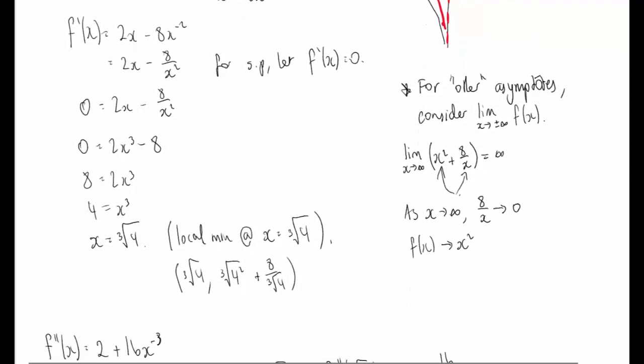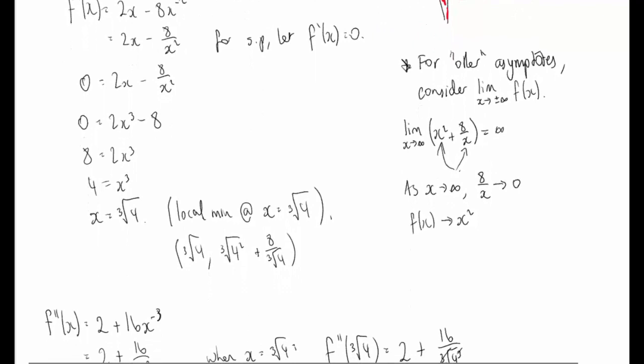And likewise, if we go towards negative infinity, as x approaches negative infinity, when we square it, it becomes positive. So it's still going to go towards infinity, but the 8 over negative infinity is again basically 0, but it's going to be a negative value.